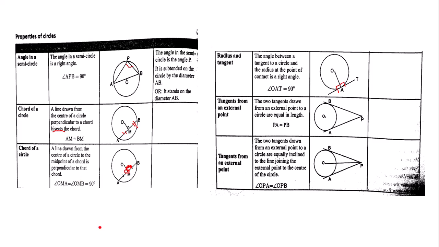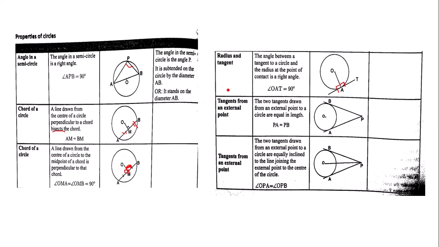Same property, chord of a circle, but here they gave us one condition and we use it to find the other condition. Here they did go the opposite. They gave us the information that this chord is divided into two equal parts. So using this information, we are going to work out that the angle formed between the line OM and the chord AB is 90. Same theorem.